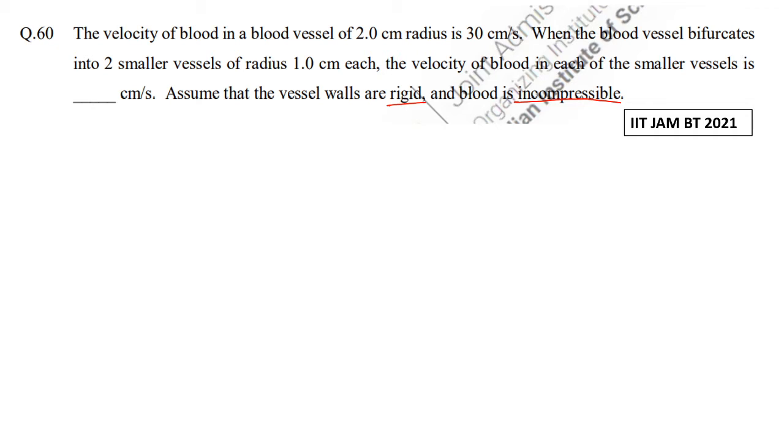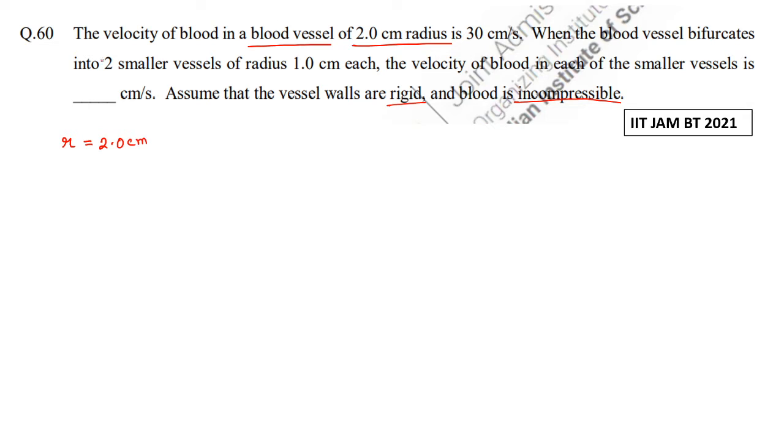Okay, and here, given first of all the radius of the blood vessel initially, let us take it as r. So r equals 2.0 centimeter.